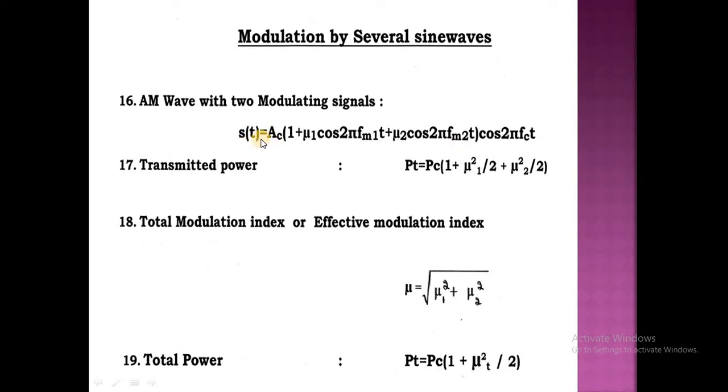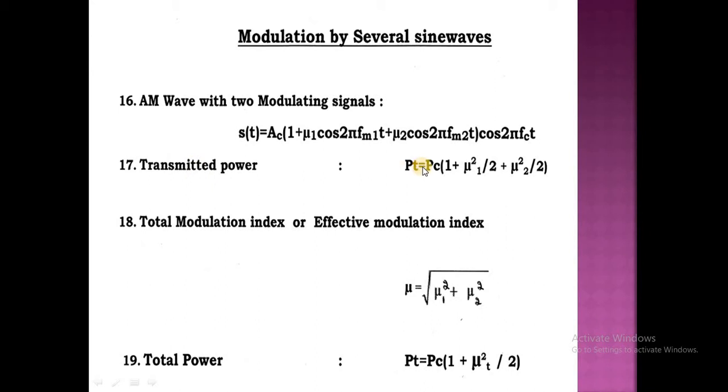The general equation is S(t) = AC (1 + mu1 cos 2 pi fm1 t + mu2 cos 2 pi fm2 t) cos 2 pi fc t. FC stands for carrier frequency, FM stands for modulating frequency.